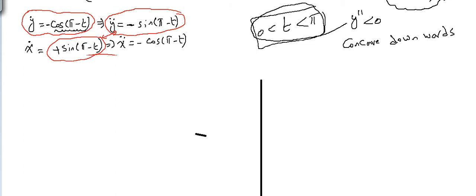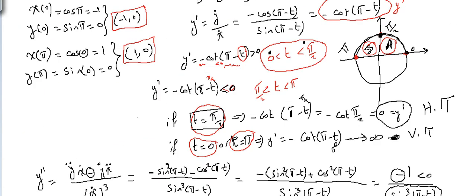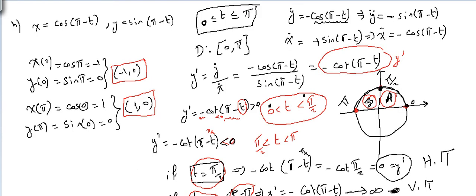Okay, this is the y-axis, this is the x-axis, and let's put the values. It's simple, the endpoints first. Minus 1, 0 and 1, 0. Minus 1, 0 is one of the most important points. It's an endpoint. This is minus 1, 0, and this is 1, 0, let's say.